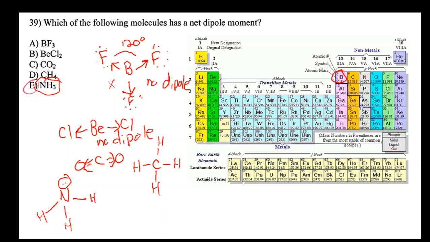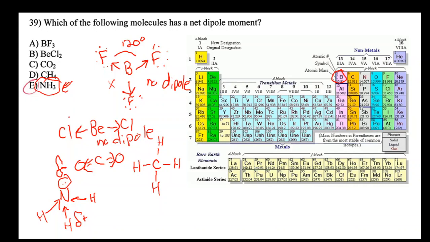Nitrogen is more electronegative than hydrogen, so it's pulling all of the hydrogen atoms' electrons towards itself, which gives it a negative dipole moment over here. The hydrogens are pulling too, but they're not canceled out because they're not in opposite directions, so there will be a positive moment over here. So the answer as to which one has the dipole moment would be this one.